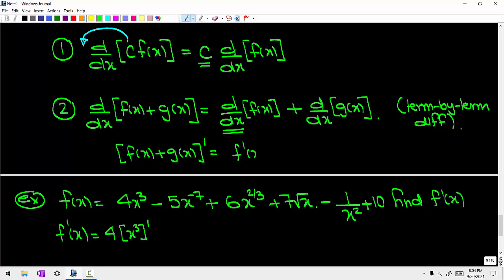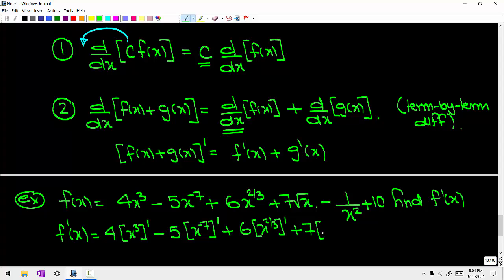So I get 4 times x cubed prime, plus the derivative of the second, minus 5 times x to the minus 7 prime, plus 6 x to the 2/3 prime, plus 7 x to the 1/2 prime, because square root of x is x to the 1/2, minus x to the negative 2 prime. One over x squared we write as a power function, so that will be x to the negative 2. And we also have the 10, 10 prime.